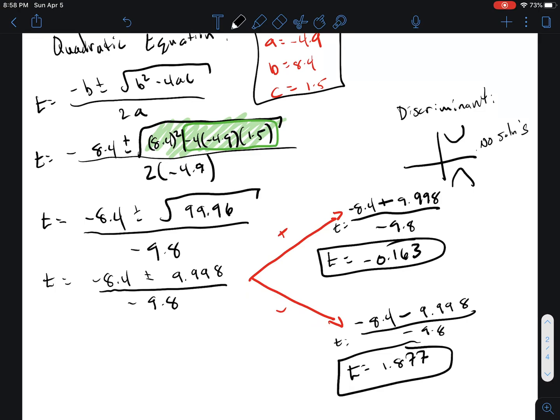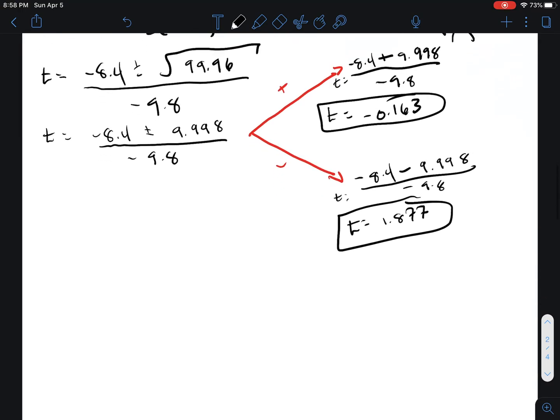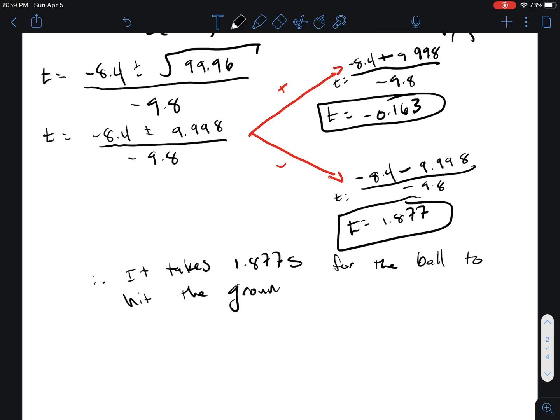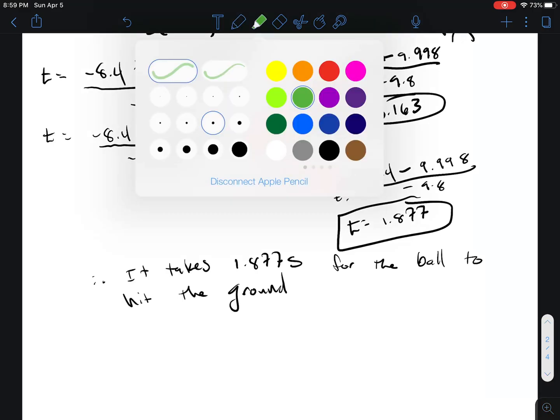So sorry, how long it takes for the ball to hit the ground. Okay, so therefore I would say it takes 1.877 seconds for the ball to hit the ground. Now, you might ask, well, what about this other answer that's up here, right?